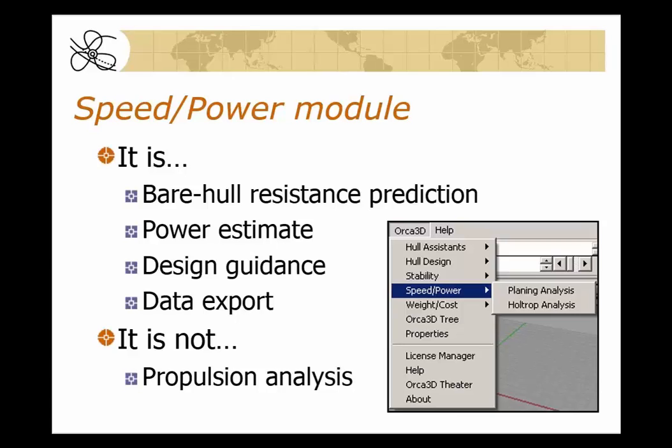And then finally, it provides some data export to more comprehensive resistance and propulsion tools if you want to take this data and extend your analysis into something more detailed and thorough. And it is not propulsion analysis. There's no propeller sizing. There's no explicit propeller propulsor analyses of any kind in this module.